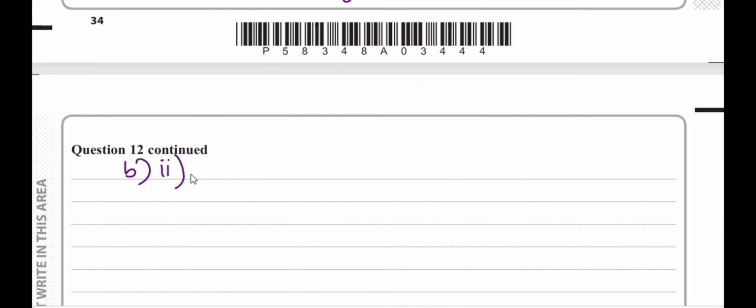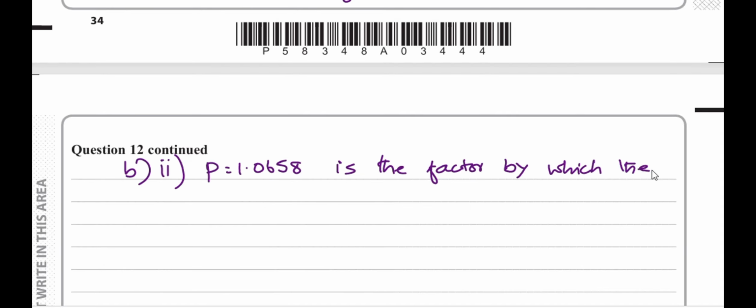For the P value, P is equal to 1.0658, is the factor by which the value of the car increases each year.